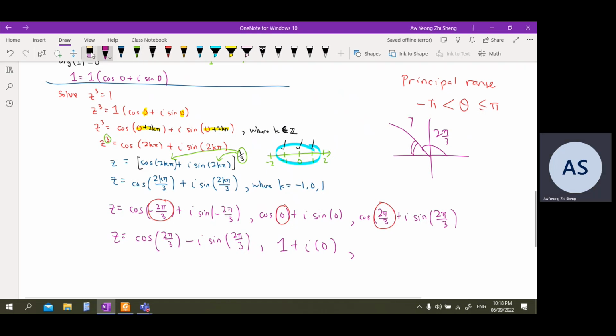But this cos of 2 pi over 3, in the ASTC diagram, you are left with basic angle of pi over 3. And 2 pi over 3 is a quadrant 2 angle.